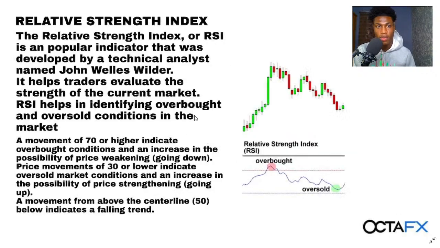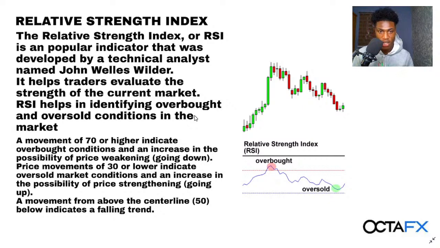All right, so we're going to talk about the relative strength index, the RSI. If you're not new to trading, you must have heard about the RSI. The RSI is a popular indicator that was developed by a technical analyst named John Wells Wilder. It helps traders evaluate the strength of the current market, and identify overbought and oversold conditions.